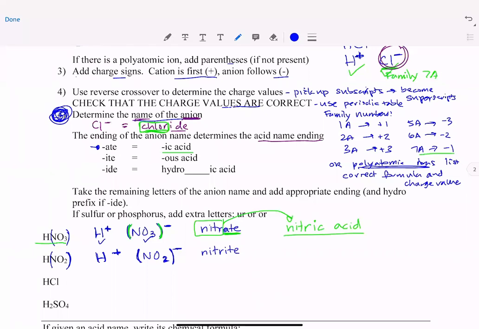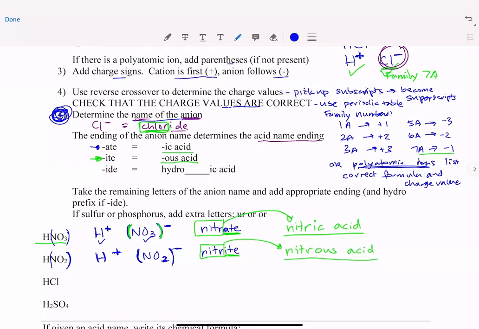The name ending is ITE. You take the first part, NITR, and add a new name ending. Going back up to this list, the ITE name ending changes to OUS and acid. So that's called nitrous acid.